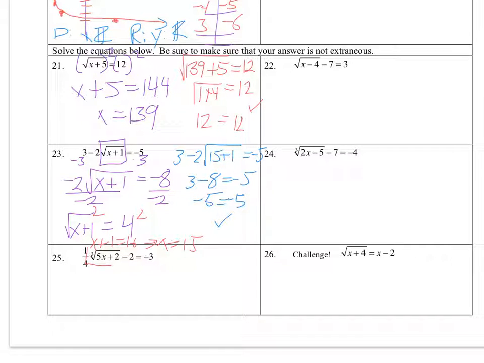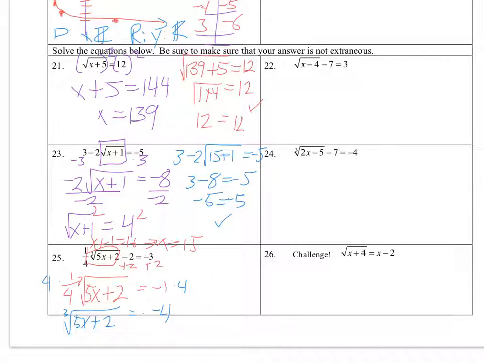Looking at 25, I'm going to try to get that cube root piece by itself. Let's start off by adding 2 to both sides. We get 1/4 the cube root of 5x plus 2 is equal to negative 1. Multiply both sides by 4 to get rid of that 1/4. The cube root of 5x plus 2 is equal to negative 4.